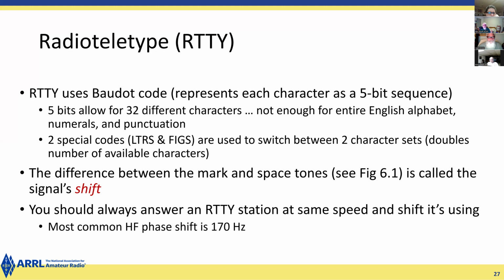It used to be, decades ago, people used an 850 hertz shift. 850 hertz wide was the width of a radio teletype signal, plus a little bit because the signal was changing. These days, the most common frequency shift, not phase shift, the most common frequency shift is 170 hertz, because modern receivers work well with that narrow shift.